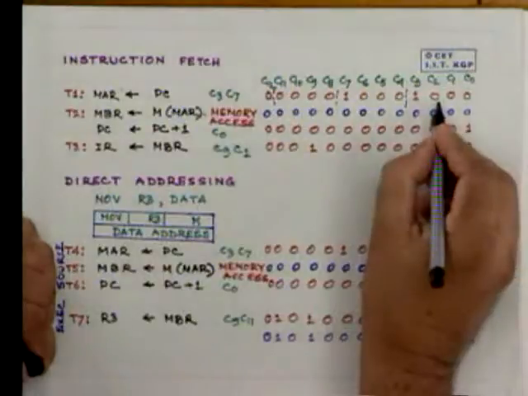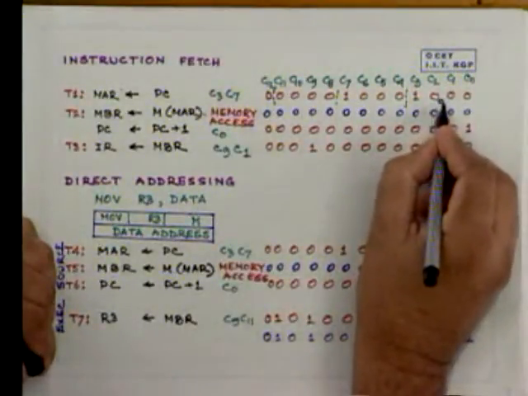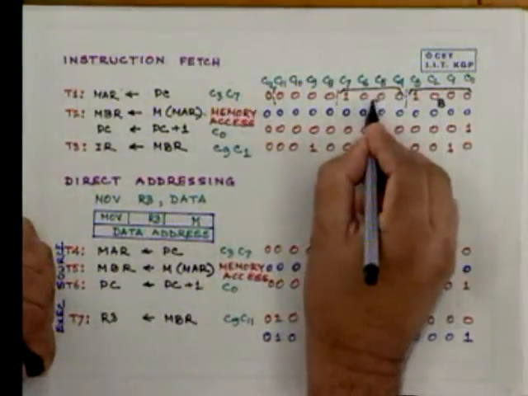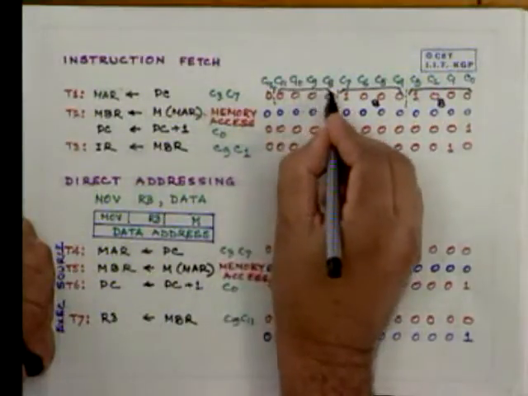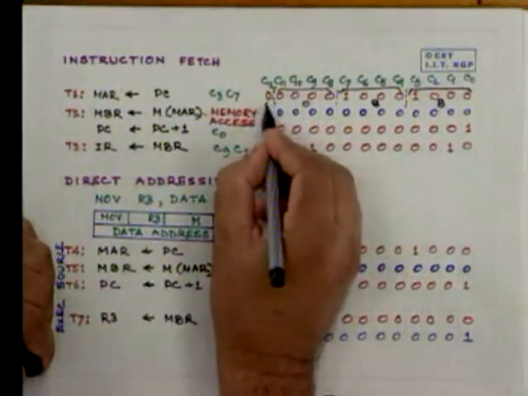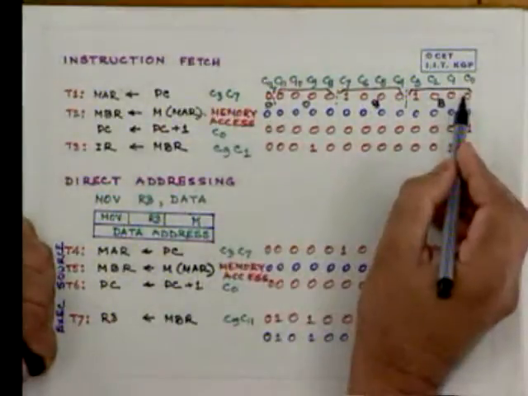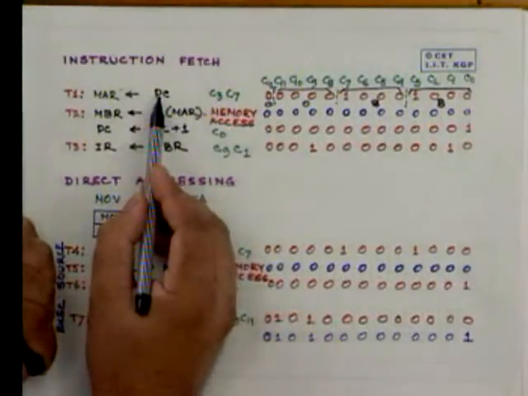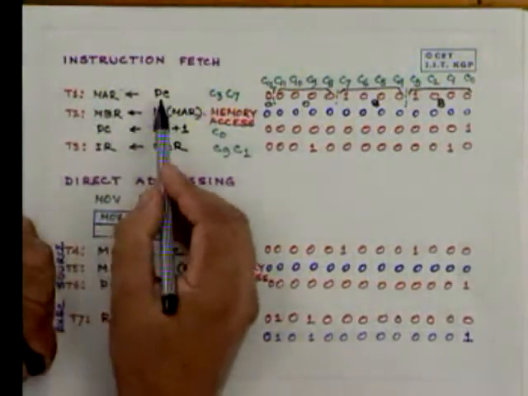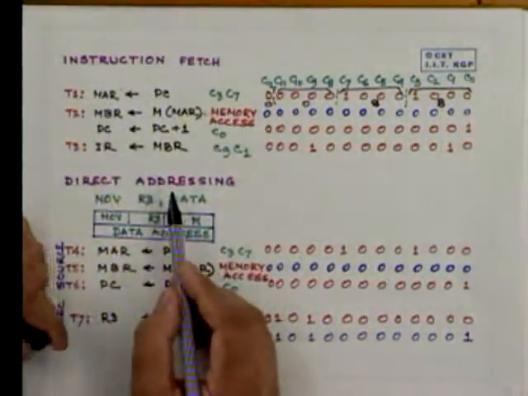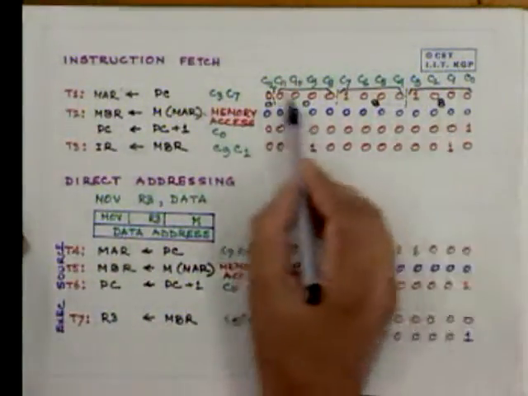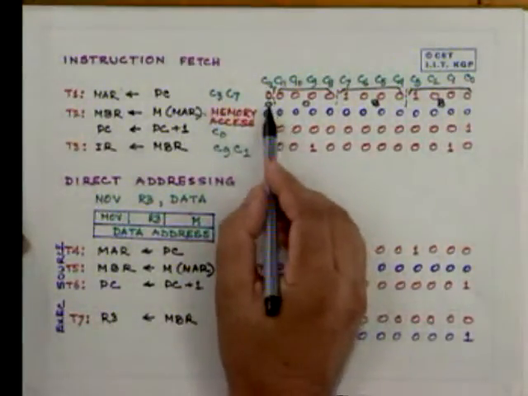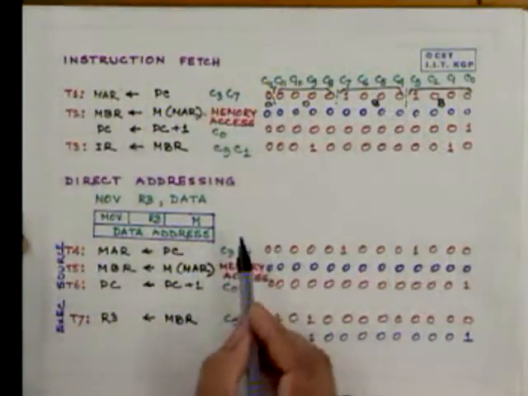This is 8, this also is 8, this is 0, and this is 0 in hexadecimal. Therefore, this control word, which means that content of PC goes to MAR, has the corresponding hexadecimal form 0088, right?